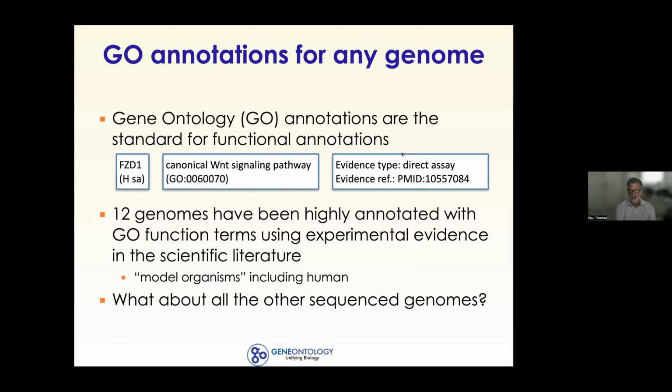Here's a quick example of some of the main information that you get out of an example Gene Ontology annotation.